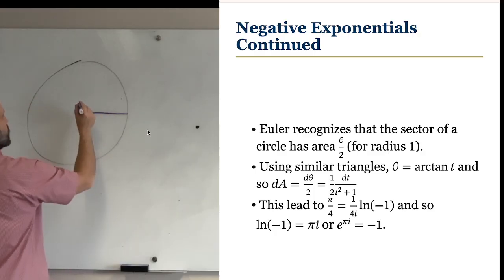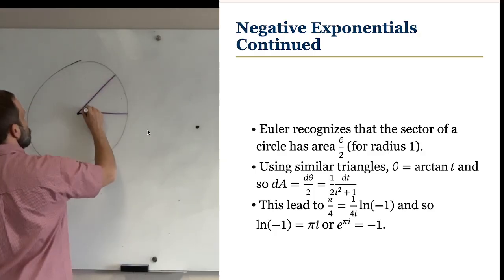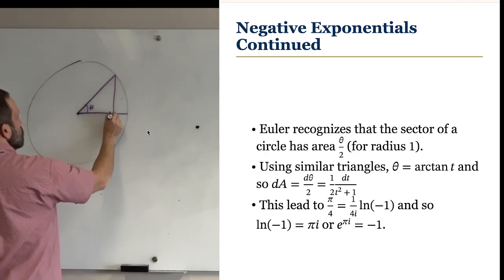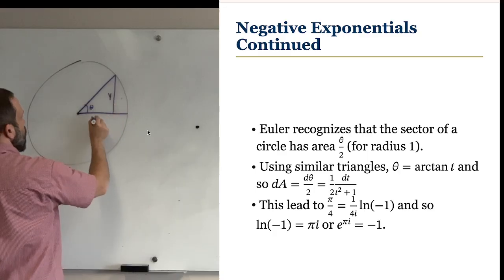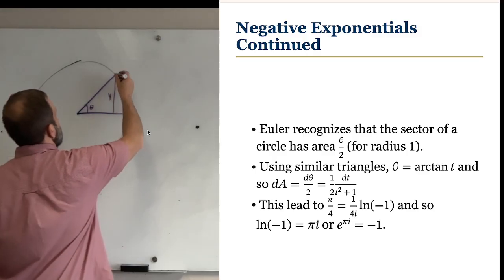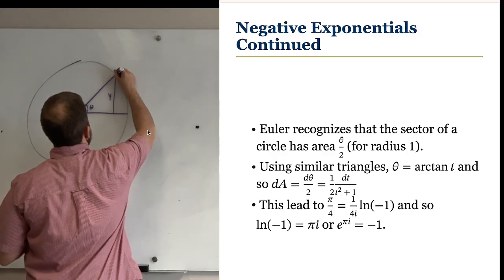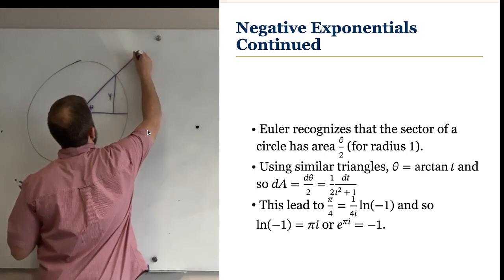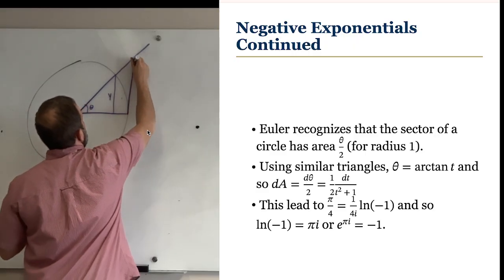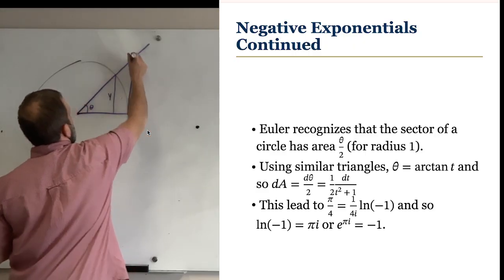Okay, so we're going to have this. Again, the radius is 1. This angle is theta. This is y. And that distance there is going to be equal to x. Okay, so what we can do is we can extend the radius like this and move this up, and we're going to call this length t.